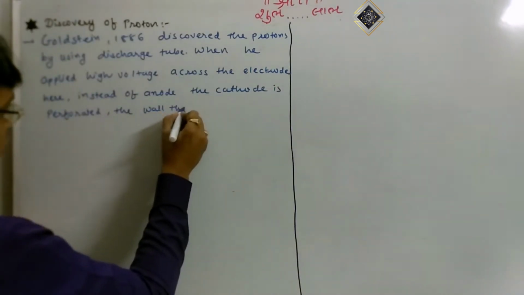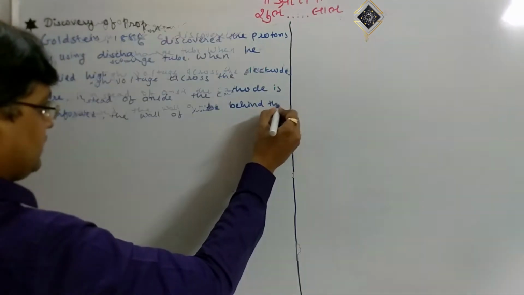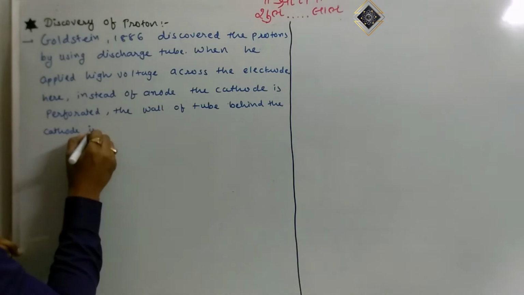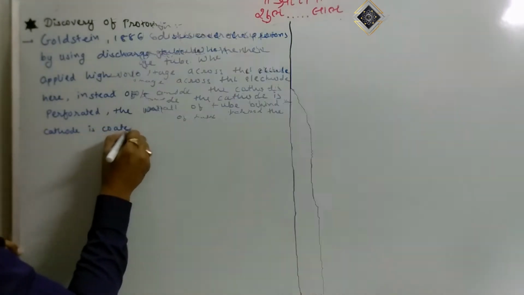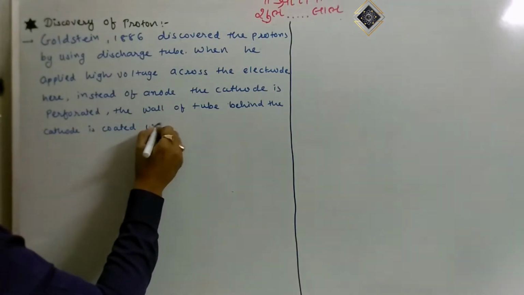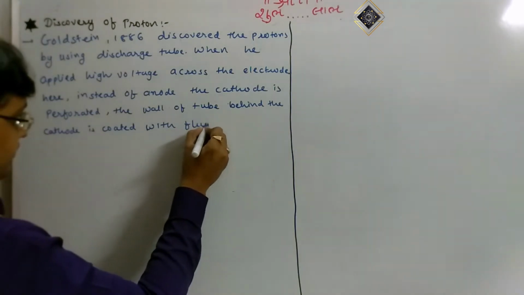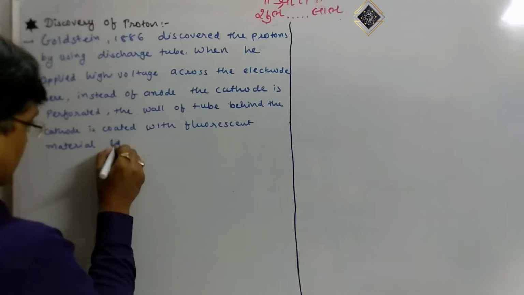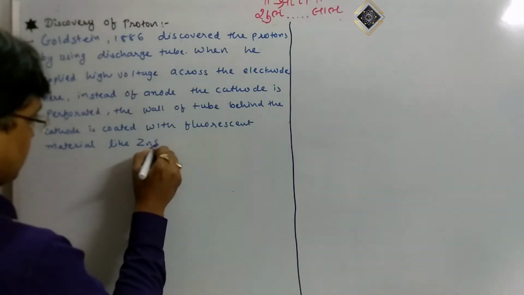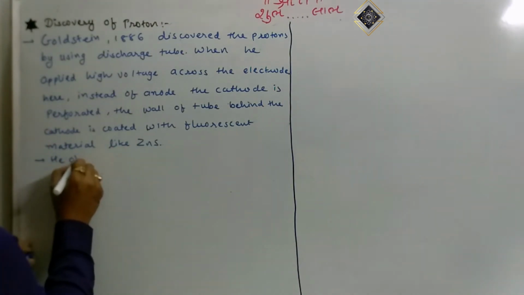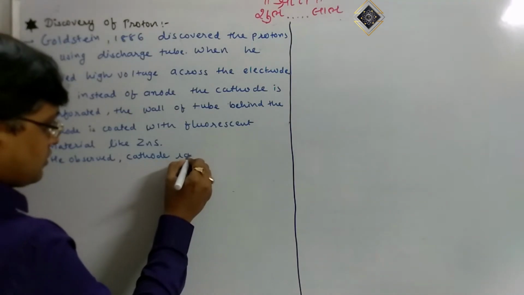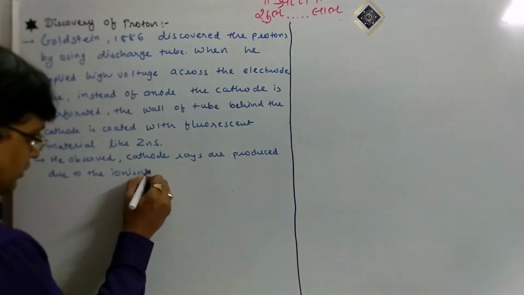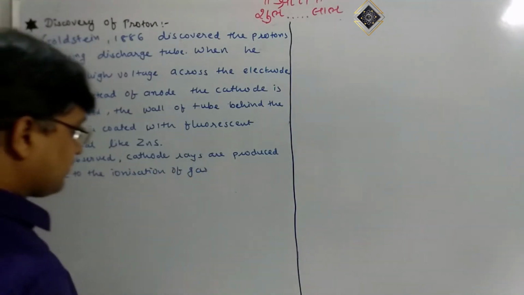The wall of the tube behind the cathode is coated with fluorescent material like ZnS. He observed cathode rays are produced due to the ionization of the gas in the tube.